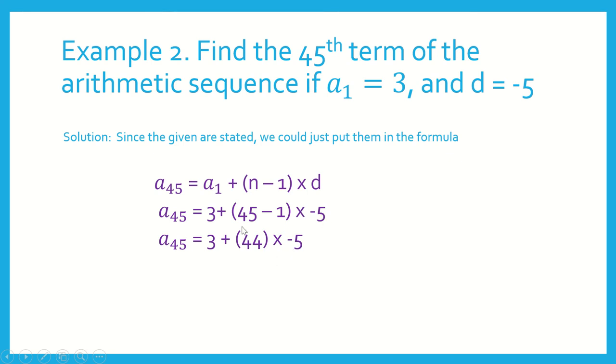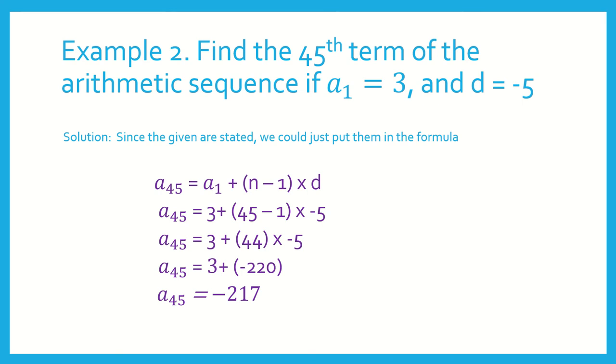And the second step will be to multiply this before we add. So we have here 3 plus 44 times negative 5, which is negative 220. So let's add 3 plus negative 220. Our a sub 45, or our 45th term, is negative 217.